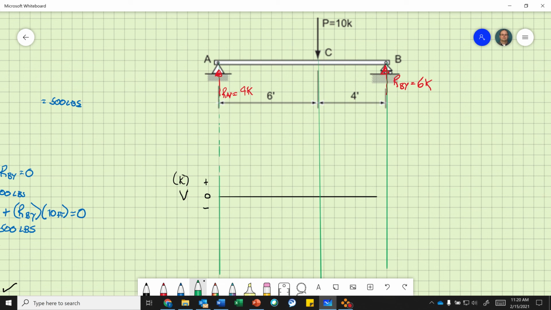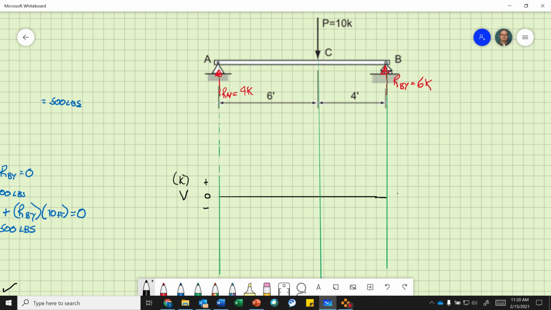All right, shear. RAY is 4 kips. So I'm going to make 2, 4. I'm going to make each, so this way, each way is 1. Okay, so I didn't quite make it to, so I'm going to just draw it there.